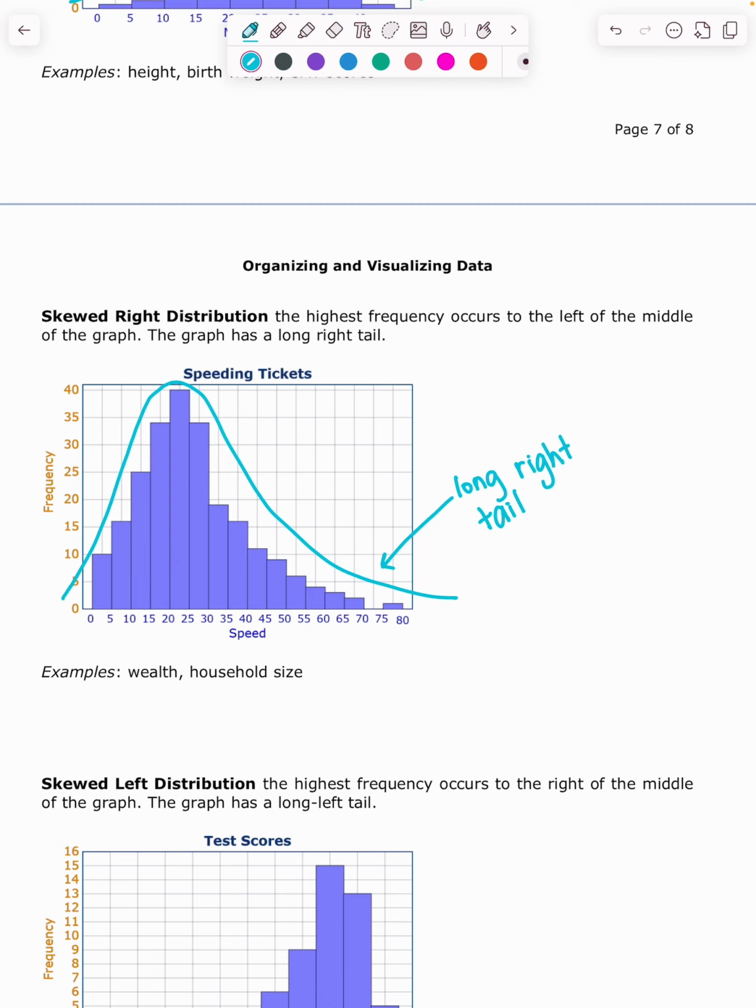Maybe that's just a me problem because of where I live. But you don't have too many of those people. So most of the speeds are clumped together down at the lower end, and then you have those few speed racers up at the higher end, but they're few and far between. Other examples are wealth and household size.